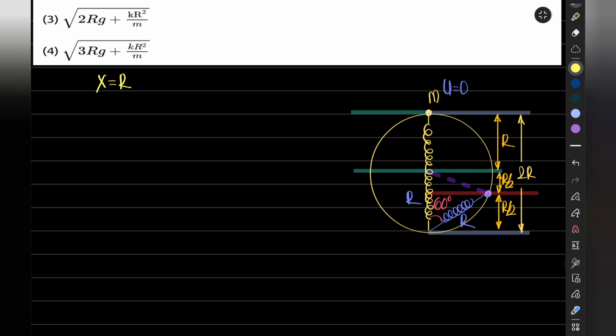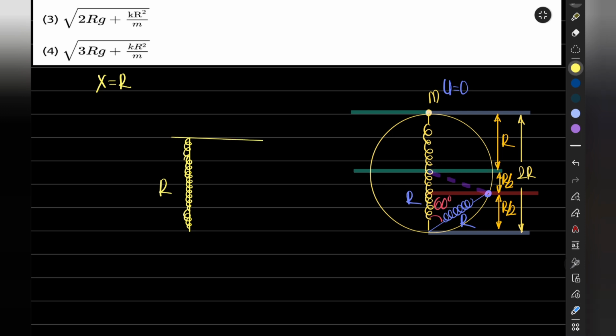Let me draw the diagram so that I can explain to you. Like this is our spring whose half length is basically already r because this complete length is 2r, so half will be your r. Okay, this is our reference line, that is this diameter, this one.